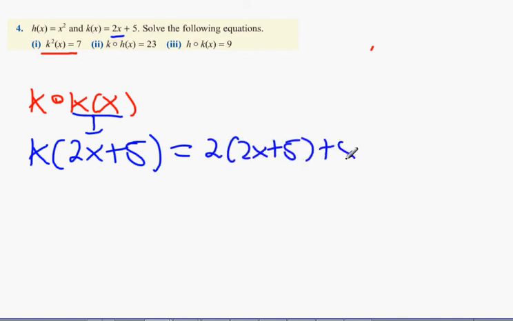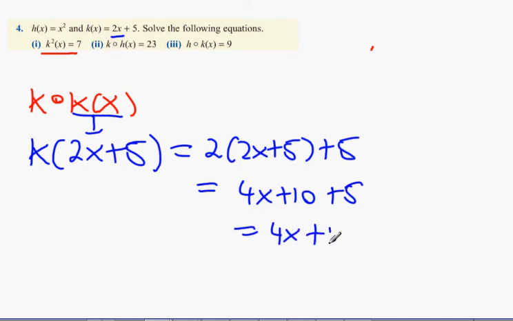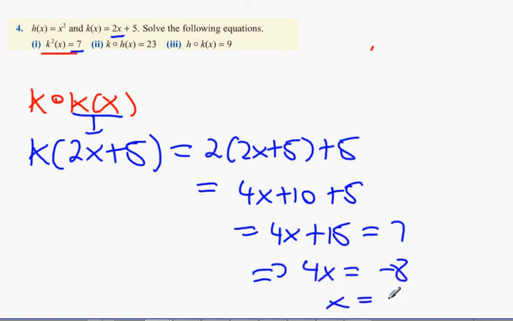And that's going to get me 4x plus 10 plus 5, which is 4x plus 15. And what do we think about 4x plus 15? 4x plus 15 has to equal 7. This means that 4x must equal minus 8. x therefore must be minus 2.